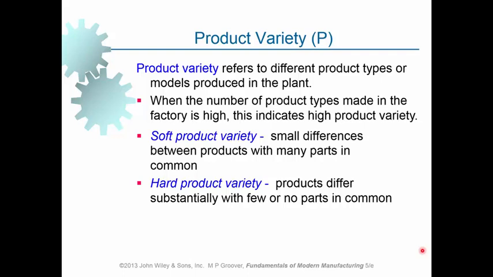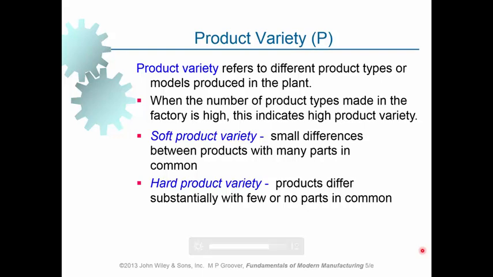Of course, again, this is a factor for determination of the skill level, the types of the machine tools, and also the arrangement of the machines in a manufacturing company. When the number of product types made in a company is really high, then it means that the production variety in this company is high or very high.